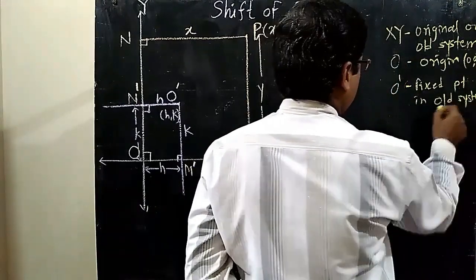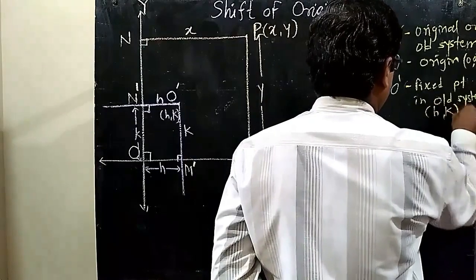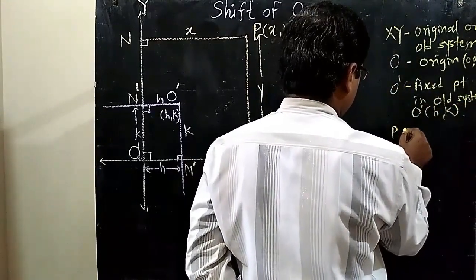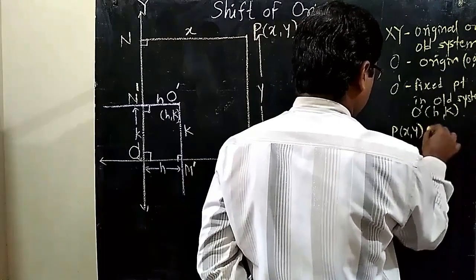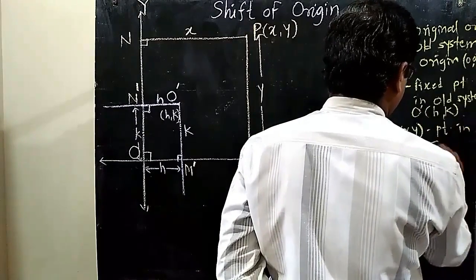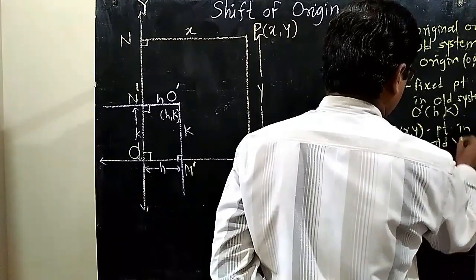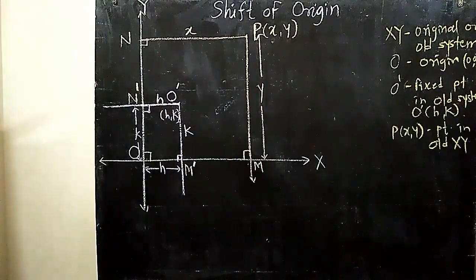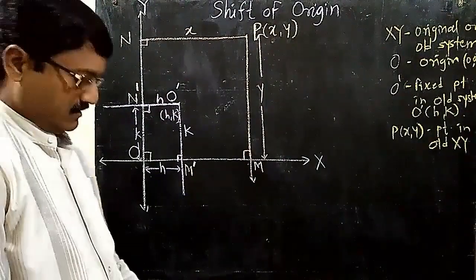Then its coordinates are, we have taken hk. Then Pxy is nothing but a point in old XY system. Okay, this much we have taken till now.